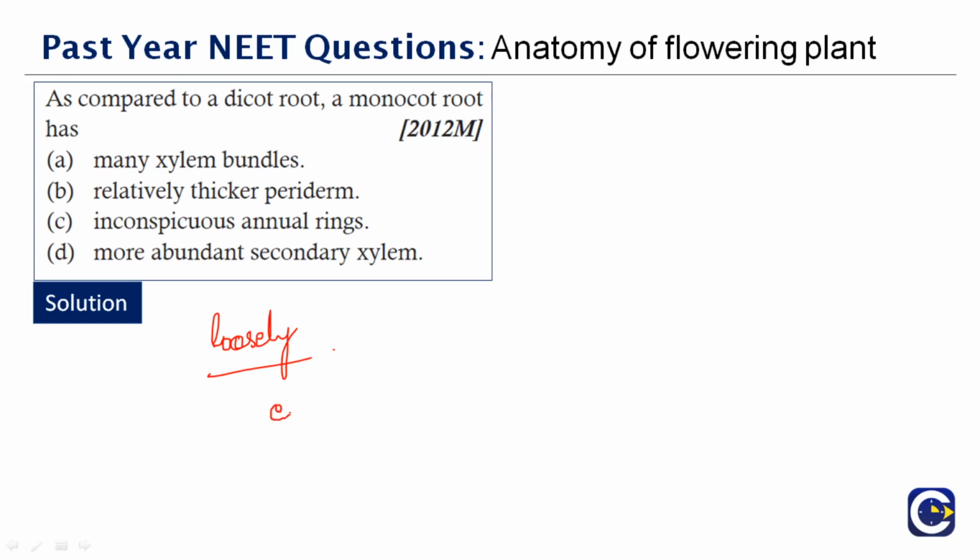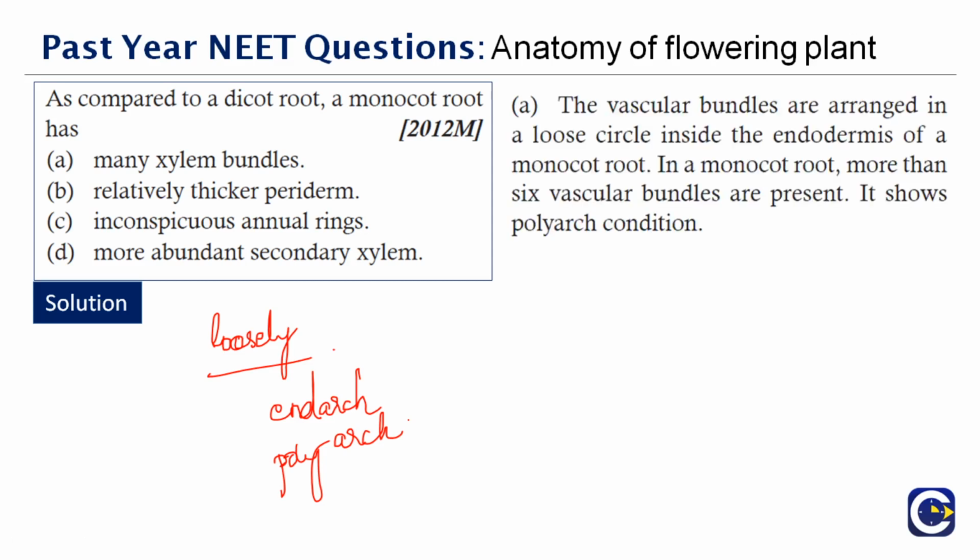In certain cases you have an endarch, certain ones have polyarch, so it varies. The thing that differs between dicot and monocot is only the number of vascular bundles. More will be present in a monocot when compared to a dicot. So you can call it many xylem bundles. The correct answer to this question is option A, many xylem bundles.